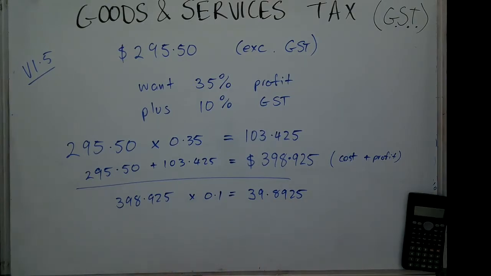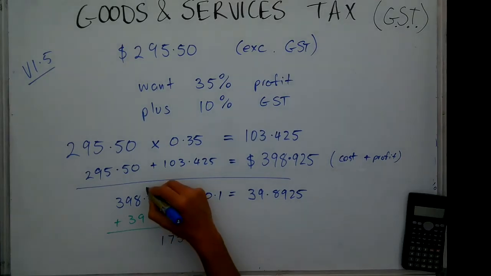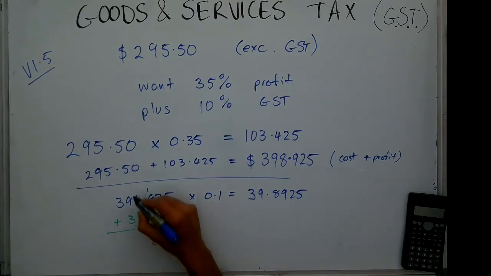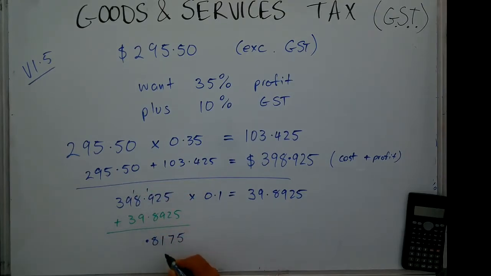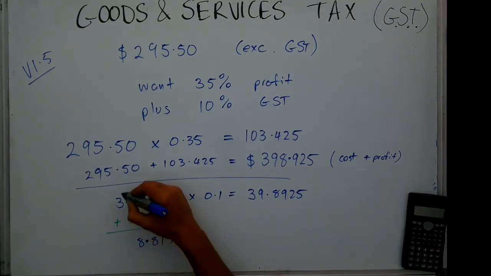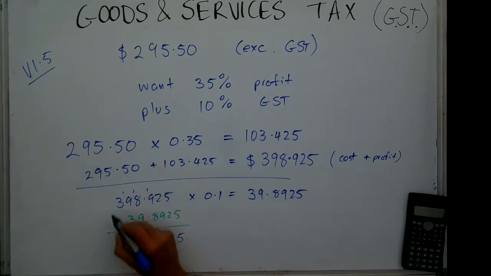So let's just change colour. I can use this. What do we get here? 5, 7, carry 1, 10, place. Okay, so now I'm going to round it.